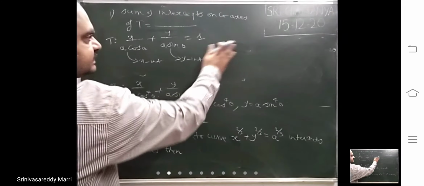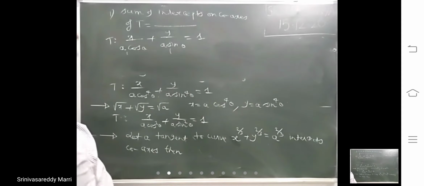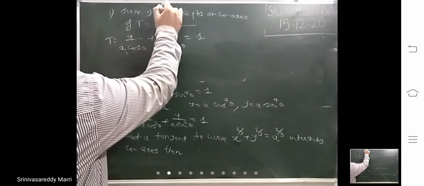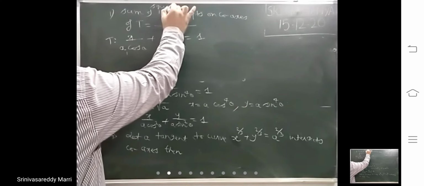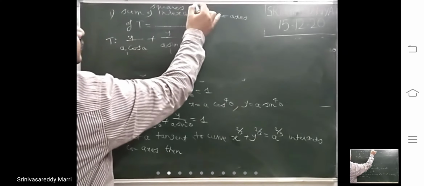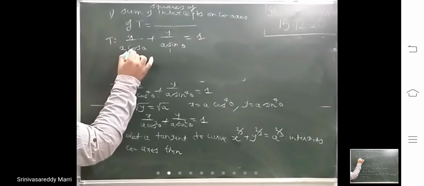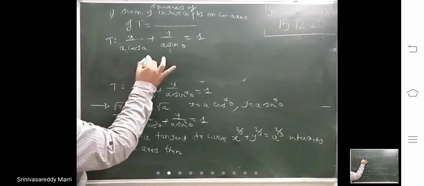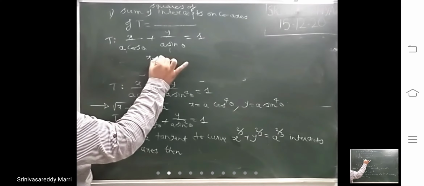And what is asking is this intersects coordinate axis. Wait. Here change. Sum of squares of intercepts. So this is a form x by a plus y by b equal to 1. That means what is x intercept?